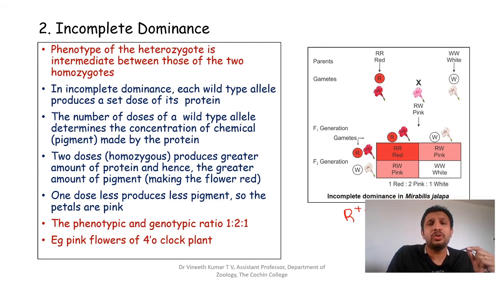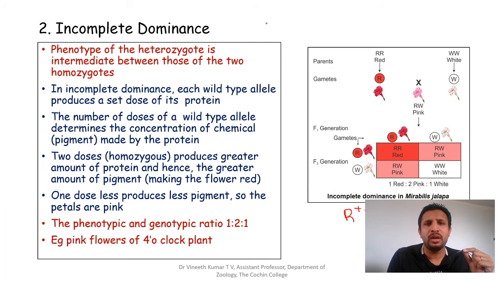So here the dose of the allele, or the number of alleles, determines the phenotype. In a heterozygote you have only one dose, so only half of that particular pigment is being produced, and that will result in the production of a lesser amount of pigment.